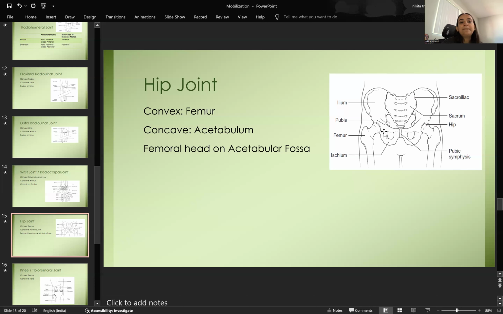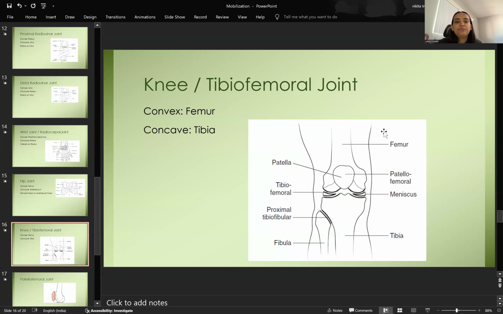That is for the femoral acetabular joint, or hip joint. Okay. So the next is the knee joint. Knee joint is a tibiofemoral joint. And knee joint, as we know, you can see in the mirror, the femur is convex and the tibia is concave.